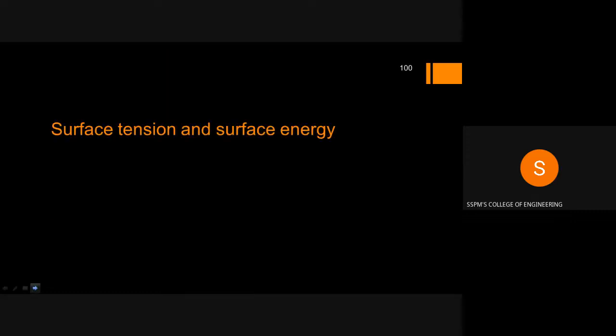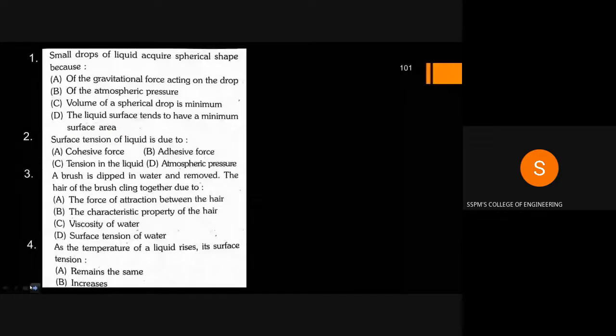Okay, now we will discuss some questions on surface tension and surface energy. So first: small drops of liquid acquire a spherical shape because of gravitational force, atmospheric pressure, because the volume of a spherical drop is minimum, or because the liquid surface tends to have minimum surface area.